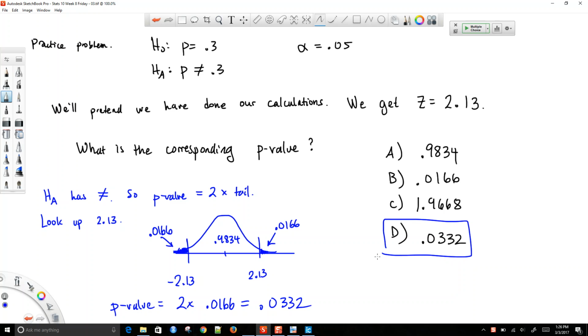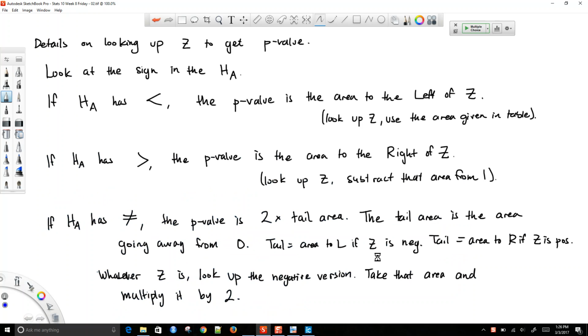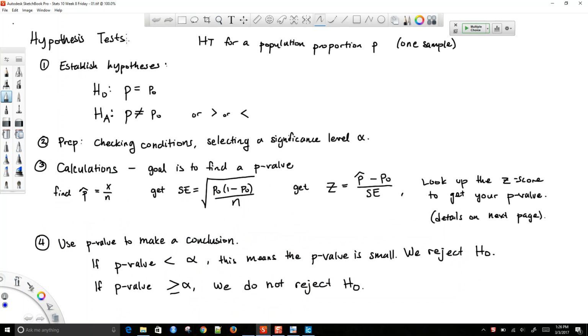Yes, question? Does the tail area correspond to the significance level? The tail area is not our significance level. So this is the end of step 3. In the hypothesis test, we set up our hypotheses, we check our conditions, we do our calculations, and what I had you do was go from the z-score to get your p-value. Once you have your p-value, now we do our conclusion, and that involves comparing our p-value to alpha.